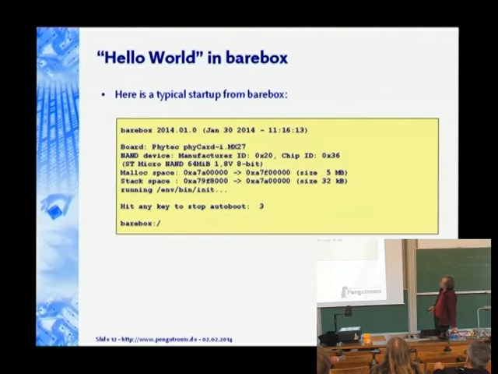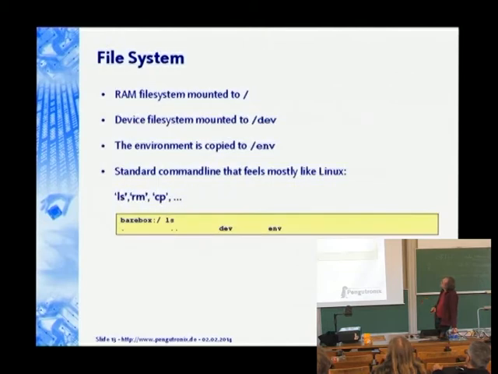So here is a typical startup from DevOps, how it looks like. You get a banner here and some messages about hardware stuff, and then this typical countdown here. Even that is scripted in DevOps. It can be thrown away, you can do it differently and all these things, and then we get a command line and can do things here. We have our file systems, basically the ramfs file system which is mounted to slash with real mount points and things like that.